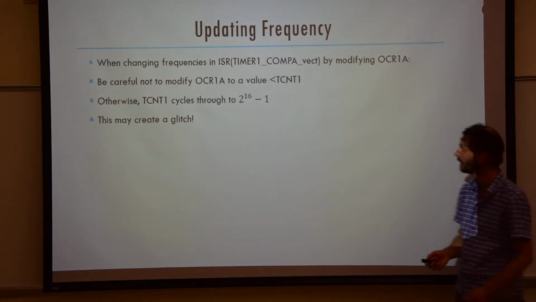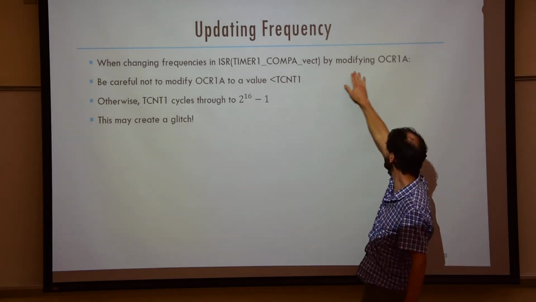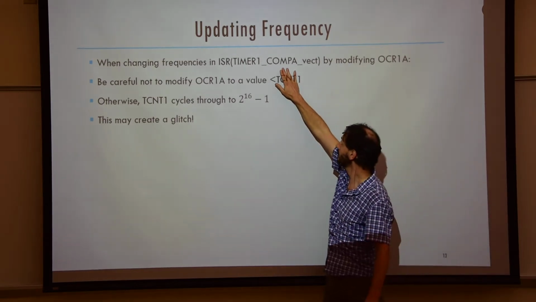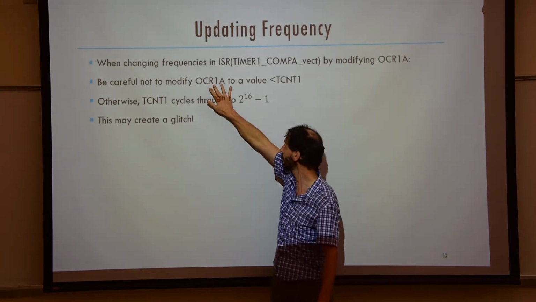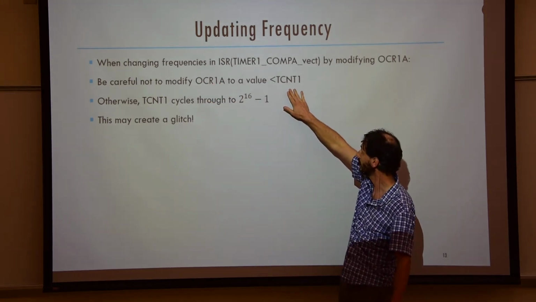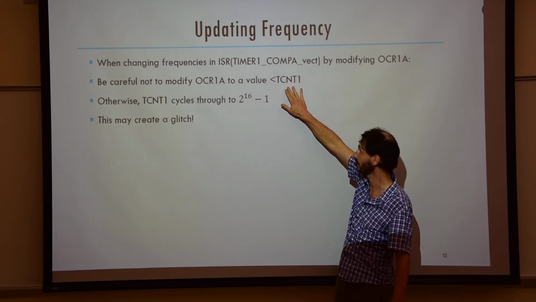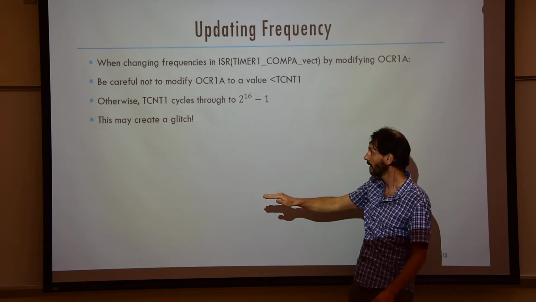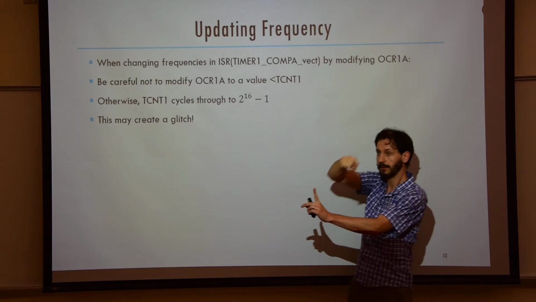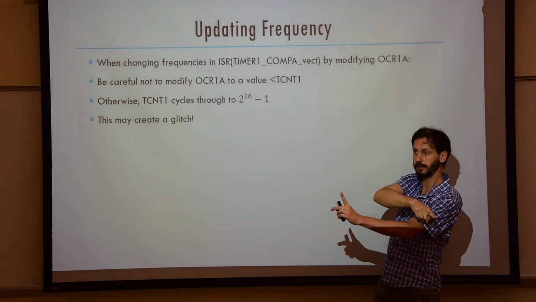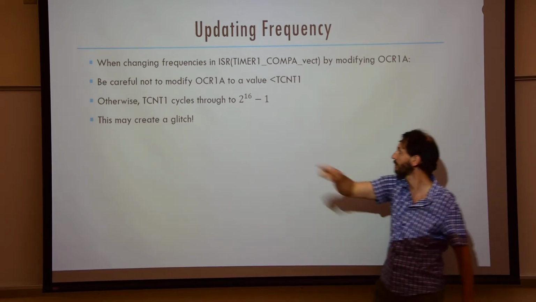So pretty cool. One thing to remember though is when you are actually modifying the OCR1A in this particular interrupt service routine, be very careful not to modify OCR1A to a value that is less than the current value of your counter, timer 1. Why? Because then the compare match will only happen once the counter is cleared at its top maximum value of 2 to the power 16 minus 1, and then increments up to this particular value.